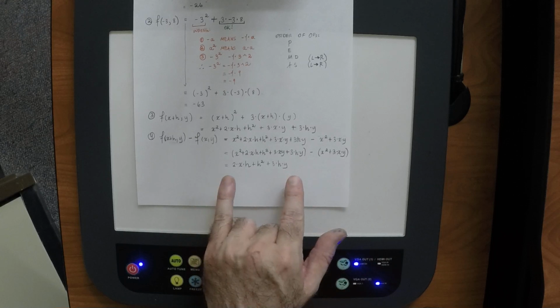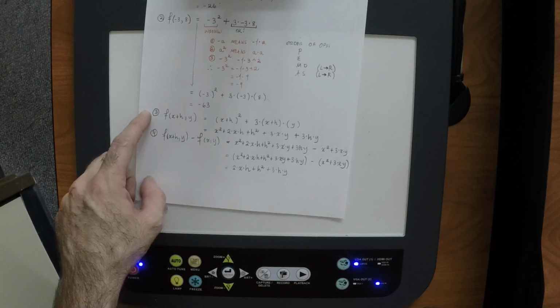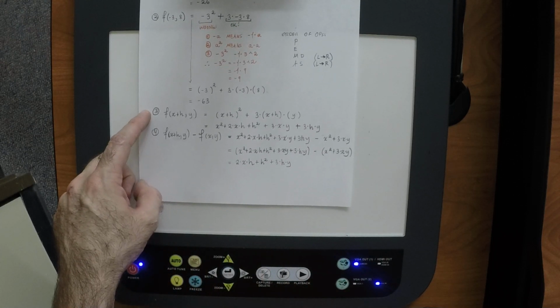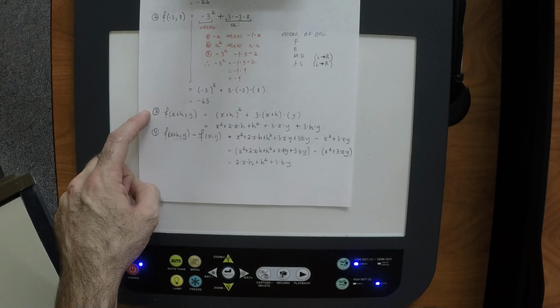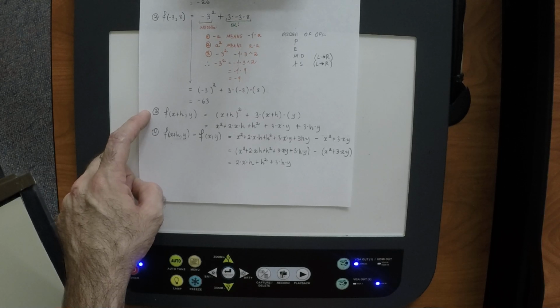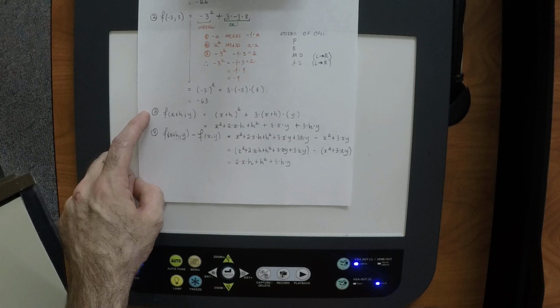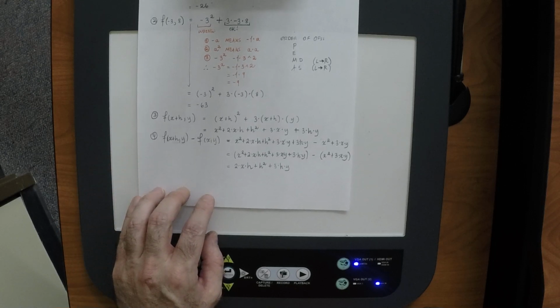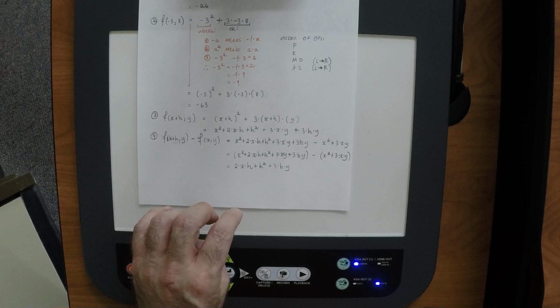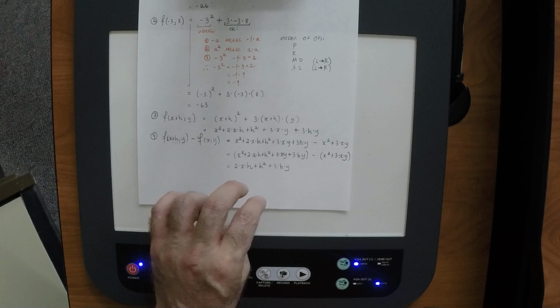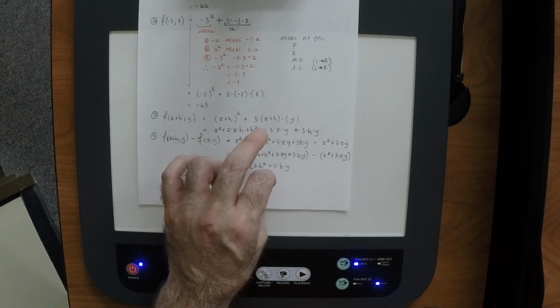The 3 times x plus h times y. How do you go from 3 times x plus h times y to 3xy plus 3hy?